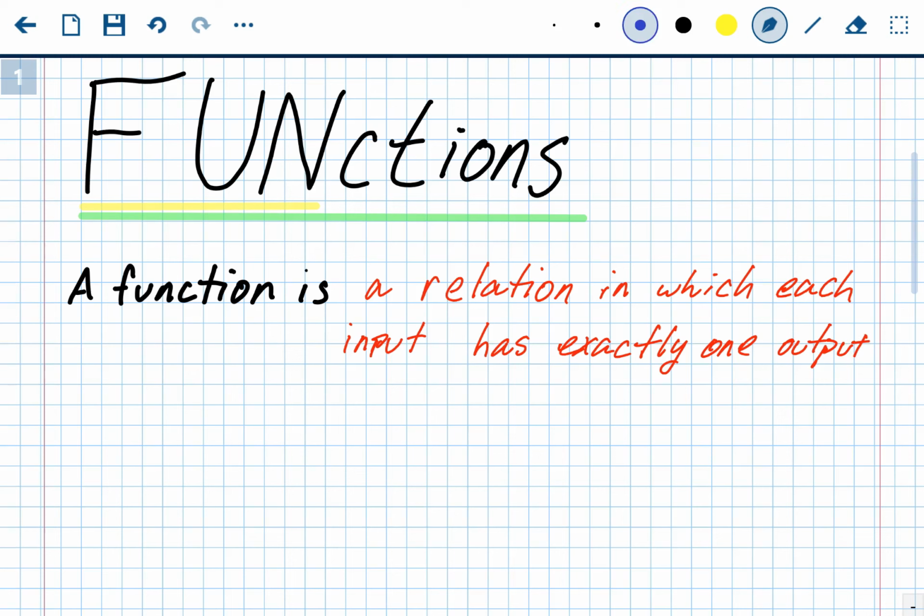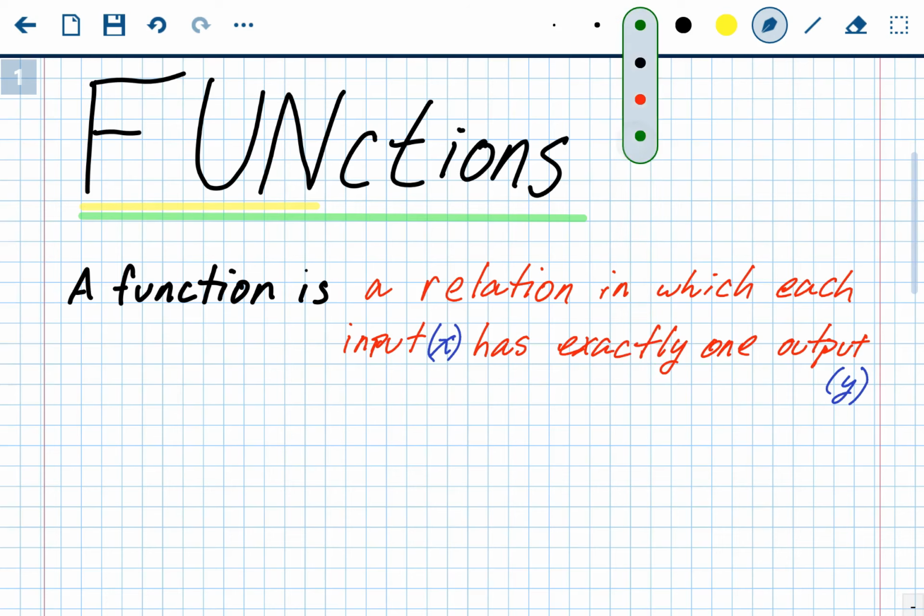Think back to the relations lessons. Remember that an input is also the x value, okay? And your output is the y value. So another way of saying that is that a function is a relation in which each x value has exactly one y value. Okay. And since we're going to be dealing with ordered pairs and tables and graphs more often, instead of input and output, always think x and y.